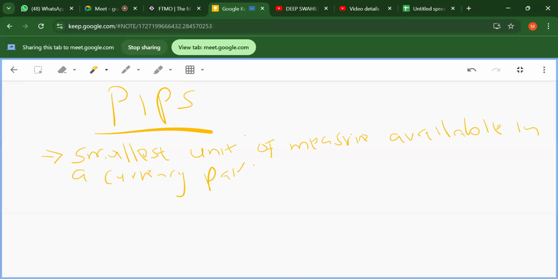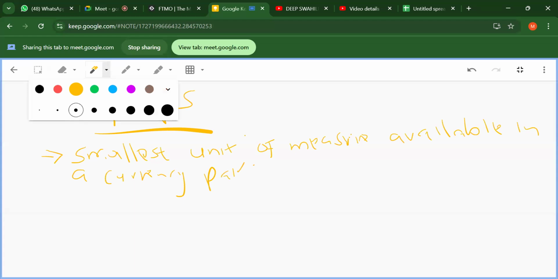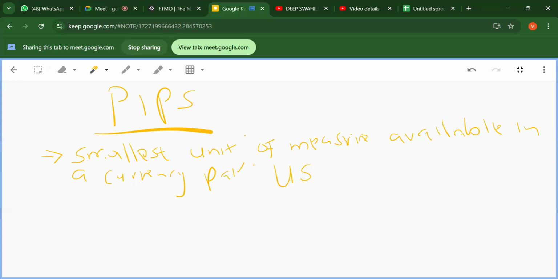So pip ideally represents the change of price movement. And yesterday I used this example to ensure that all of us get the concept of pip. I told us, if you are trading, let's say USD against Kenyan shilling, if one USD today is trading at 130, then tomorrow $1 is equivalent to 132. That change of 2 shillings in Forex, we say 2 pips.